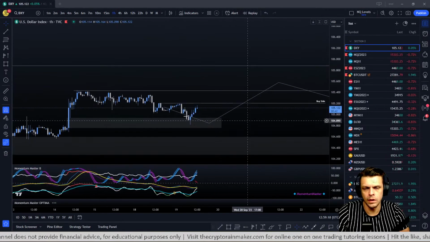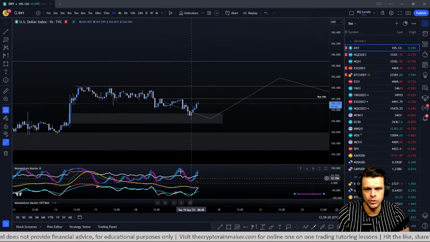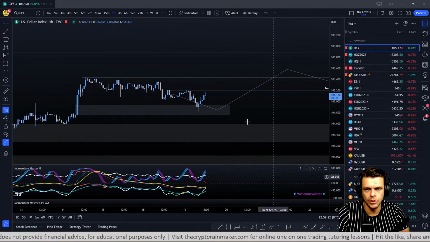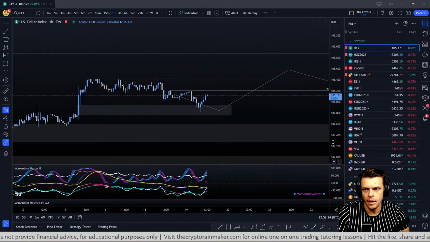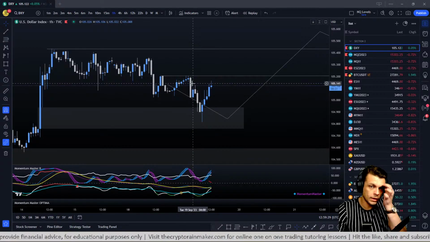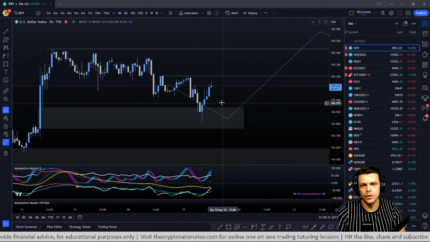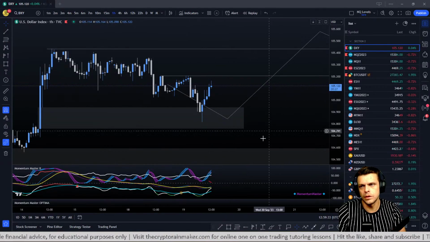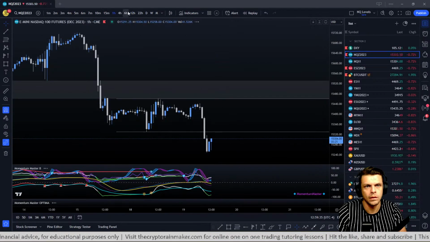But we also said that it looks like the 1 hour wants to retrace. It's got that bearish divergence, and it's in this fair value gap, just struggling right there. It could, like we said, retrace into the discount and then push back to the upside.